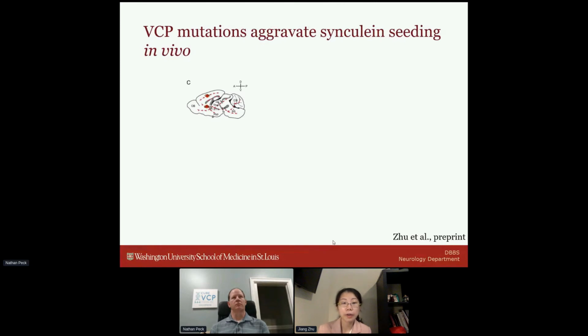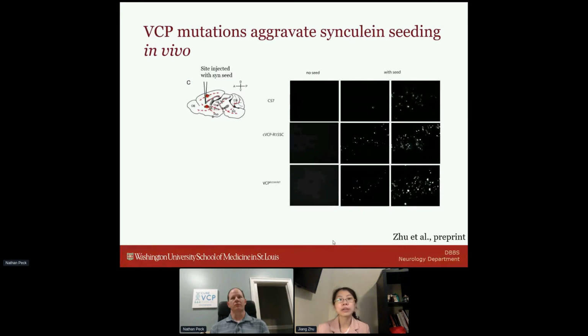Then we ask, can we see similar effects in vivo? So we did alpha-synuclein injection into the brains of 4-month-old mice, and then waited another 90 days. In the wild type control, we see some moderate alpha-synuclein aggregates throughout the brain.